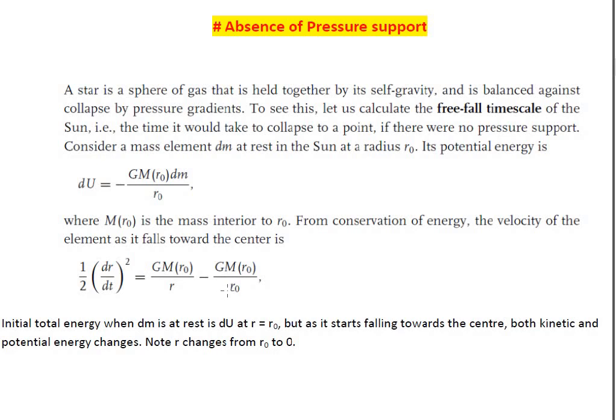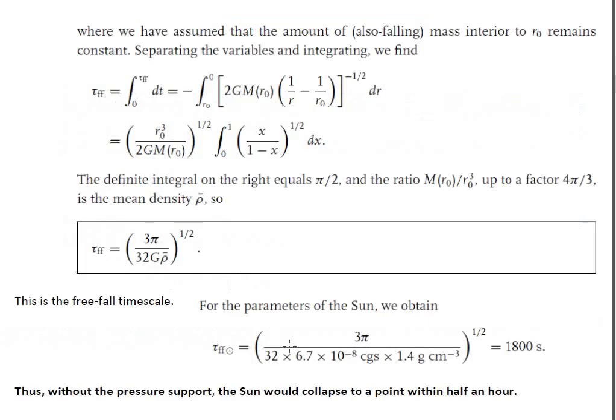Now you see the initial total energy when dm is at rest is dU at r equal to r0. But as it starts falling towards the center, both kinetic and potential energy change. And so r, what is the range of its change? So it changes from r0 to 0. That is when the collapse happens to the point.